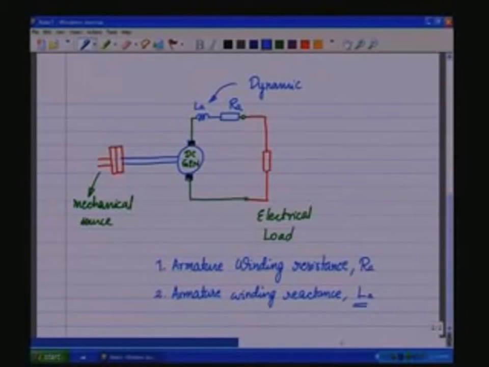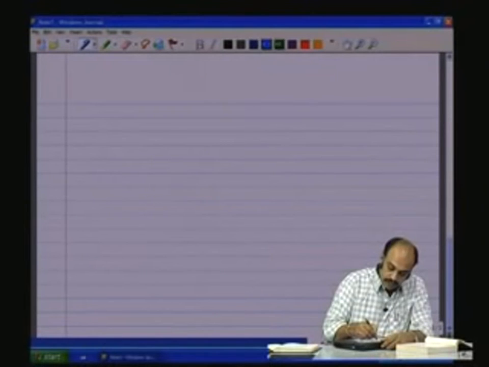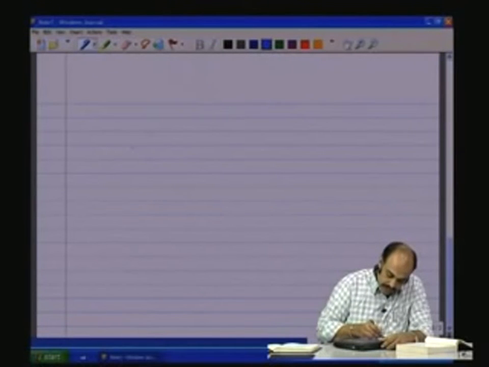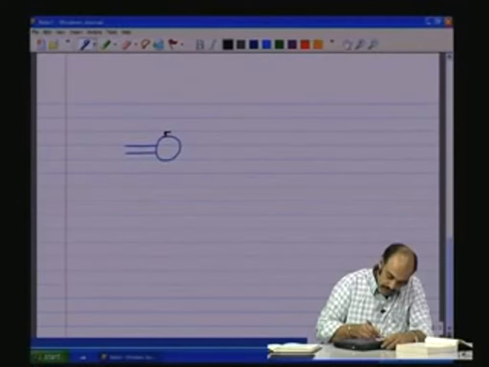And when we are talking of the steady state model, during steady state omega LA is equal to 0. So, we do not normally consider the LA effect, the reactive effect, and therefore, for the steady state we just consider the DC machine in the following fashion. We have the brush. So, always we show the brush like this.